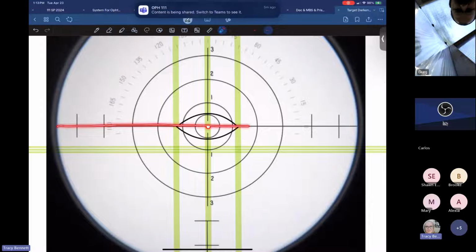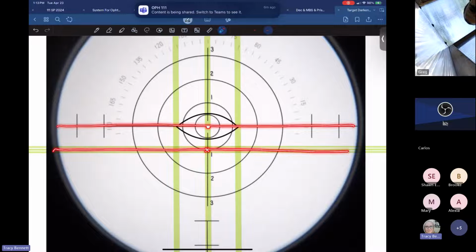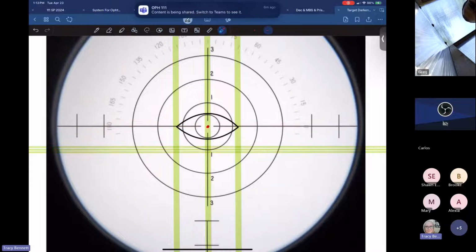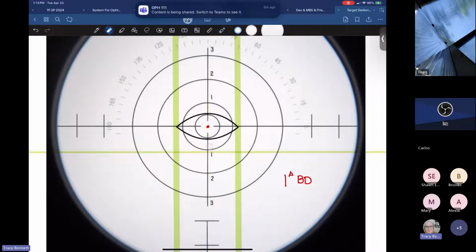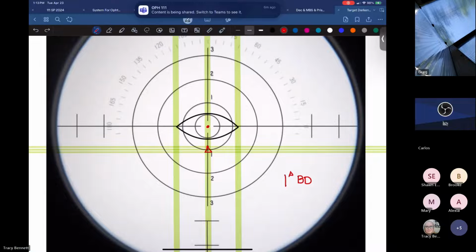So we've gone below this point. We're down here. And so this point is 1 diopter below. So 1 diopter base down. Here's the base. Think of this as the base of the prism, and it's down.